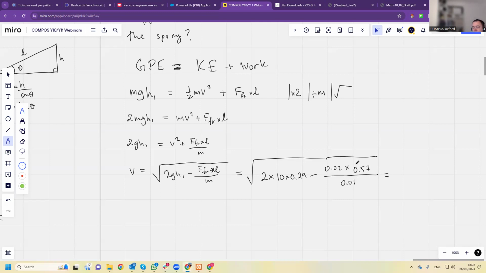And we plug that in, we get square root of 20 times 0.29 minus friction 0.02 times 0.57 divided by 0.01. And it's going to be 2.2 meters per second.